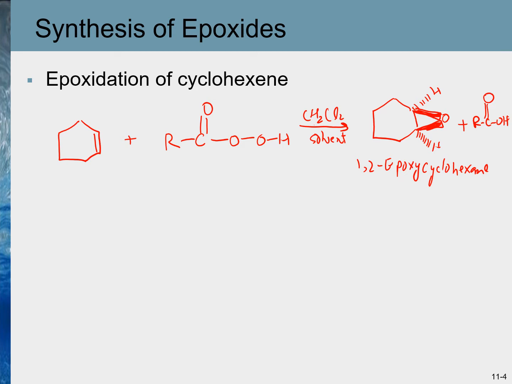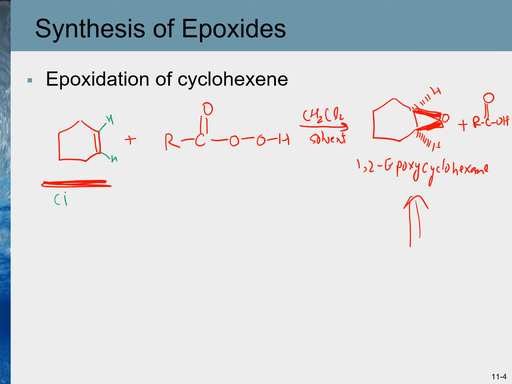As we can see from the product, the reaction is stereospecific, and the stereochemistry of the product depends on the stereochemistry of the starting material. In this case, our alkene is a cis alkene because both hydrogens are on one side.